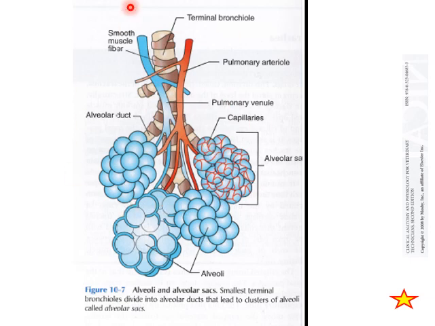So we have all these hard bronchioles, and then they go to these collections of sacs down here that sort of look like grapes. These are the things that will expand and contract. The bronchi and bronchioles will not. They also have smooth muscle fibers surrounding them so they can open and close.